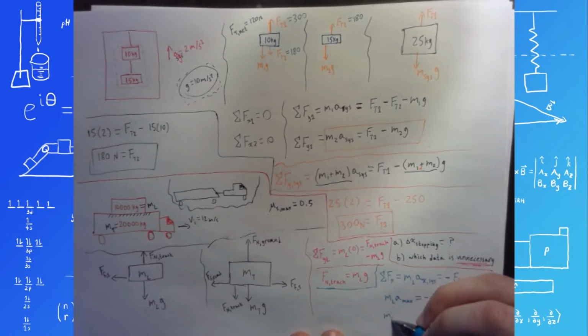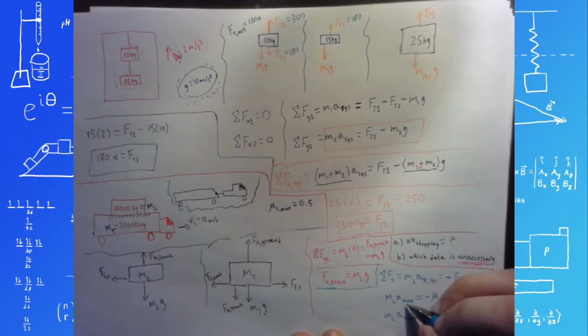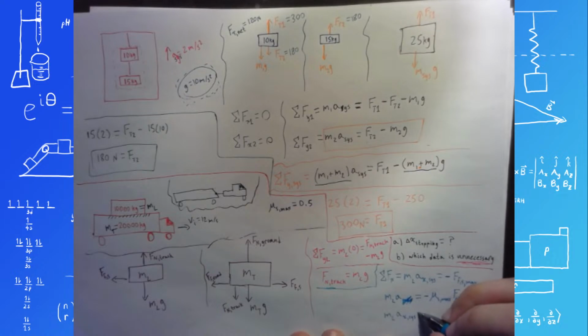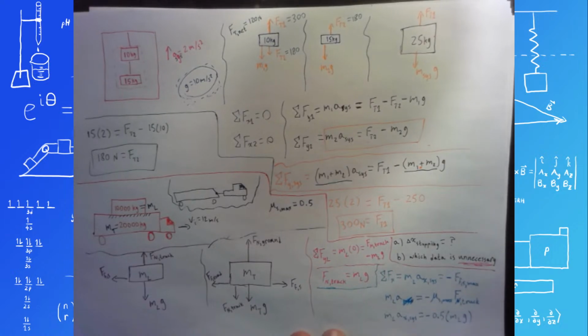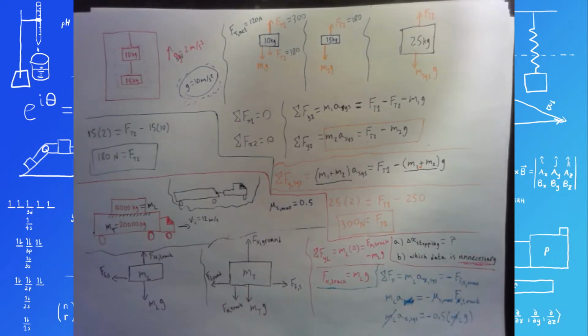So if I do mass of the load times acceleration x of the system, I don't want to call it acceleration max, that was poor planning on my part, equals negative 0.5 times normal force truck, which is equal to m load times g. Oh, and would you look at that? Divide both sides by the mass of the load. You don't even need to know the mass of the load. The mass of the load doesn't even matter.